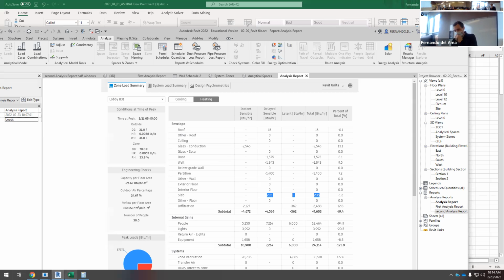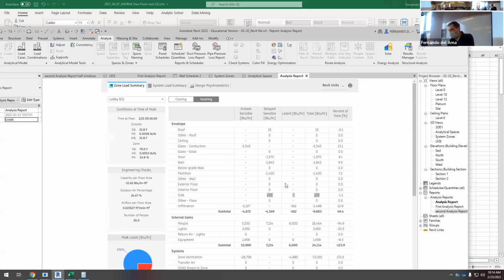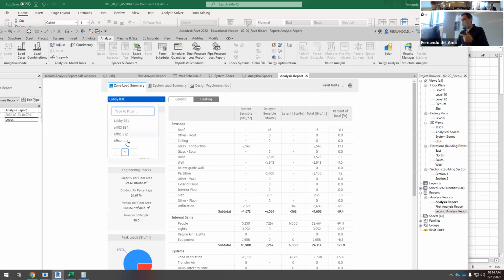Yes, because we are analyzing the whole building with the Excel file, and we're just analyzing the lobby with Revit. So we either add up all the thermal loads to the wall, because here we have the lobby, we can analyze all the offices.